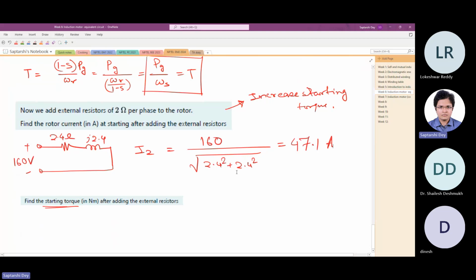And starting torque, then we will find out air gap power. Air gap power is I squared R, 3-phase.